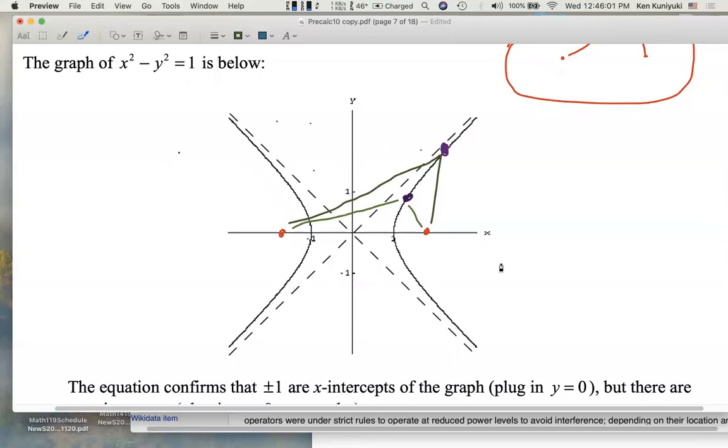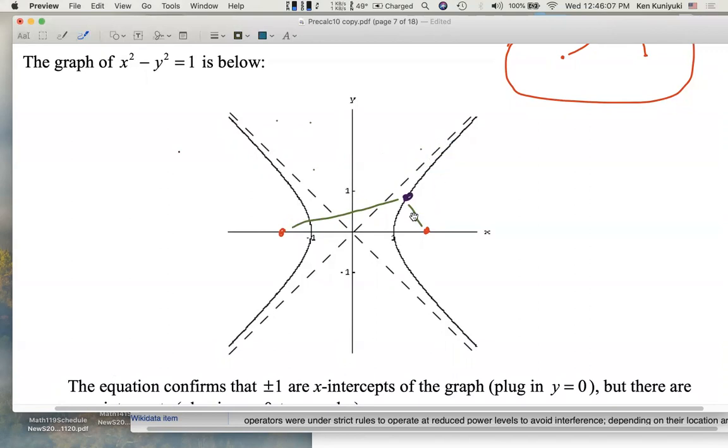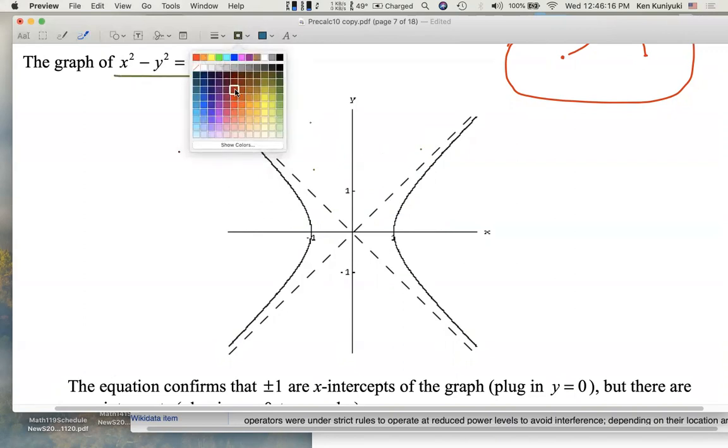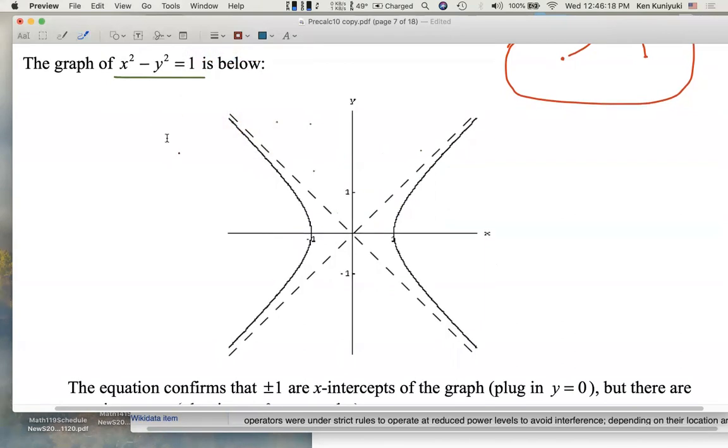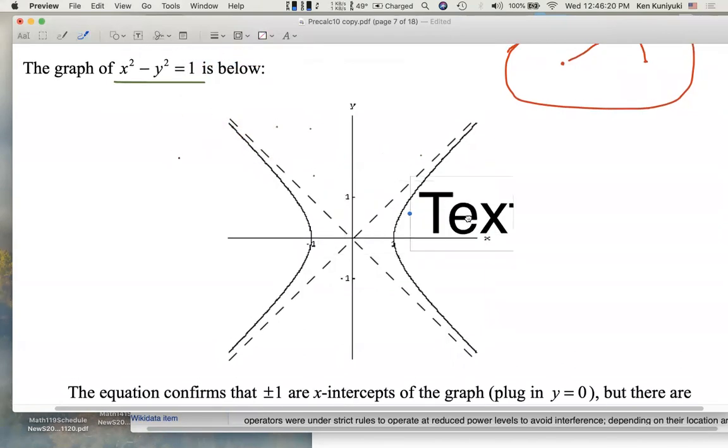All right. Now, back to the math. I'll erase these here. So this here is the graph of x squared minus y squared equals 1. This is a horizontal hyperbola.